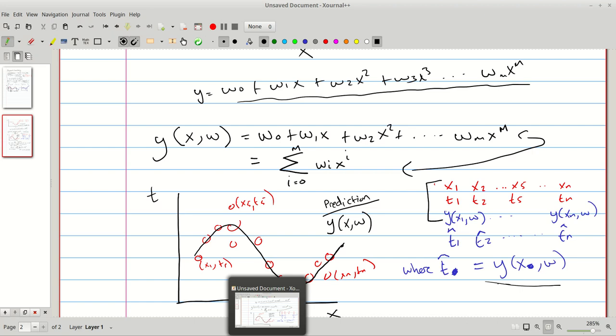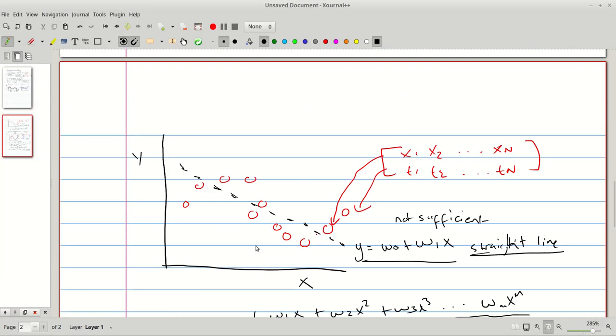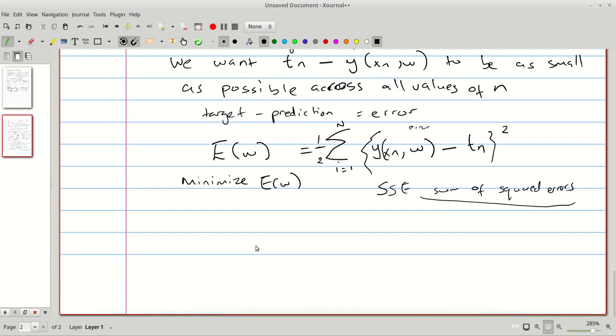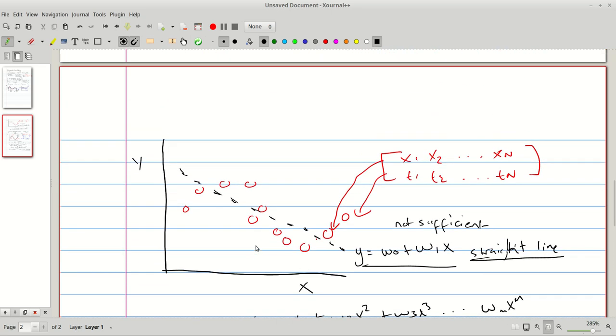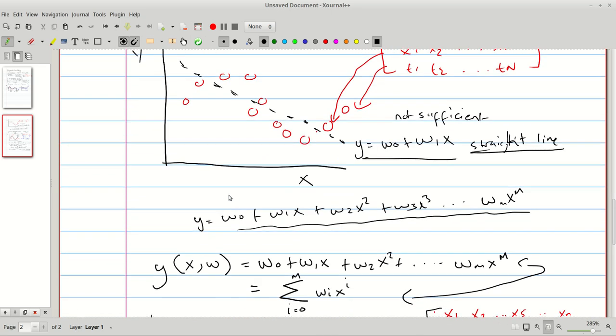The first problem we were solving in the beginning, we want to find the equation of the line that's going to fit this, which is y = w0 + w1x + w2x^2 + w3x^3 up to wM x^M. And then we ask how do we choose M? For now, let's just choose M equal to 1. M equal to 1 gives us just w0 + w1x. So this will give us the equation.